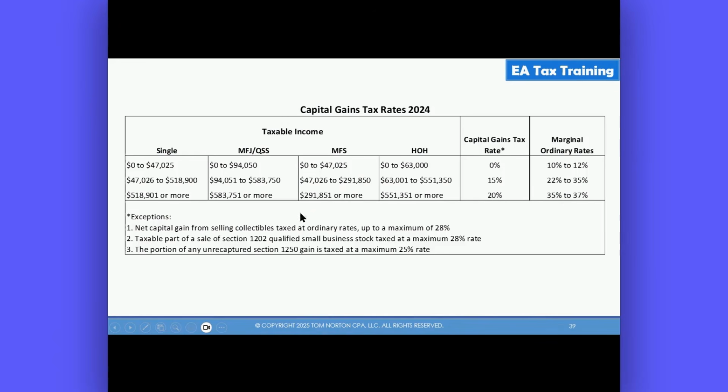Then also, I'm sure you've noticed these exceptions down here on this chart, and we will talk about each of these things as we go through the rest of this video. So these are exceptions to these general rules that are listed on the chart.